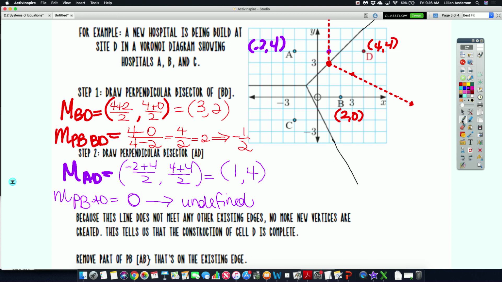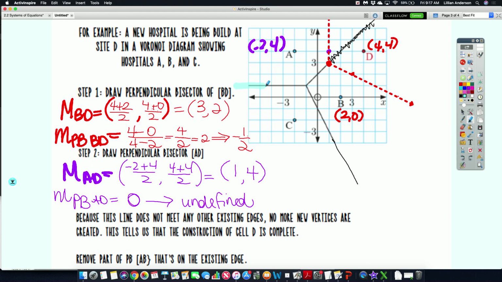Okay? Step 3 says remove any segments of edges from the original Voronoi diagram which now lie in cell X. So basically, I do not need this part anymore because I've created a new cell that now contains D and is enclosed by those red dotted lines. So with my highlighter, I'm going to go through and I'm going to trace over where my new Voronoi diagram is.